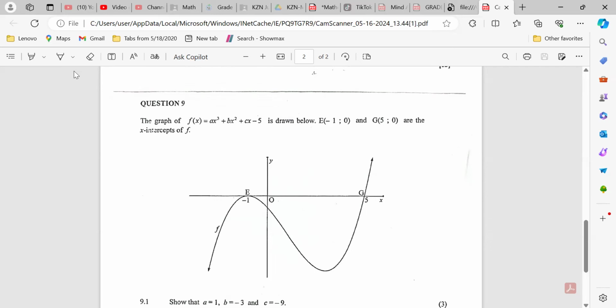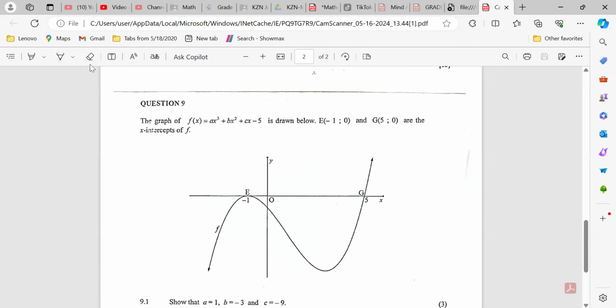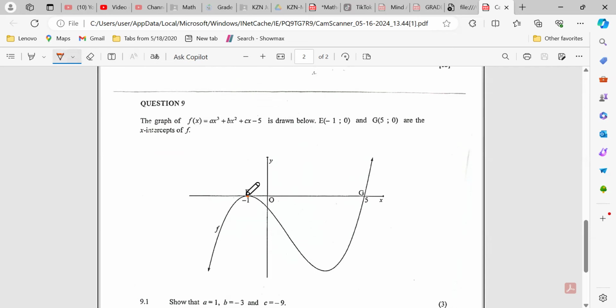We are going to tell them we have a turning point here. What do you know about turning points? It's going to repeat itself how many times? Two times. So basically we are going to have y equal to a, open bracket, x minus x1, x minus x2, x minus x3.